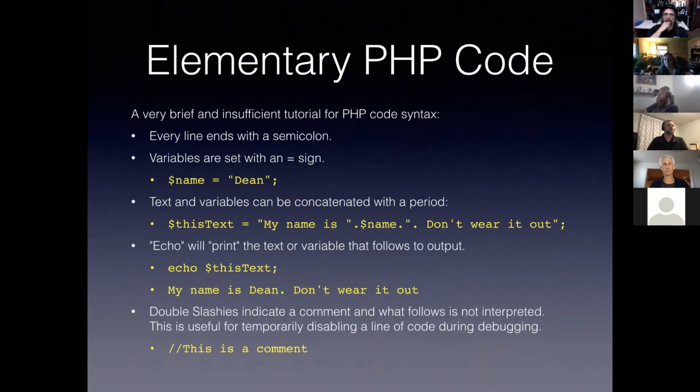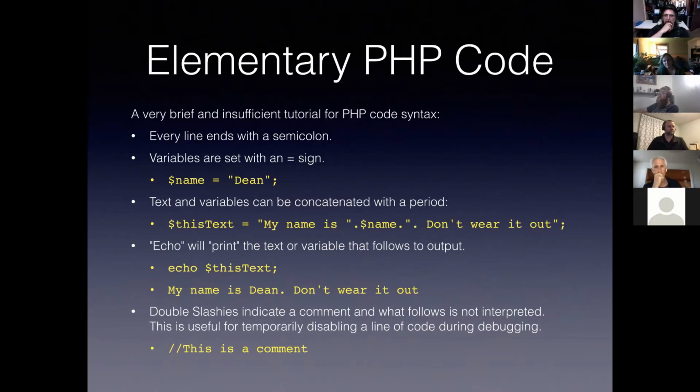Other things to watch out for: every line ends in a semicolon, or you'll get a blank page or errors or other kinds of things. Like with pretty much every other language in the world, variables are set with an equal sign. Text and variables can be concatenated with periods, as in that second example down.